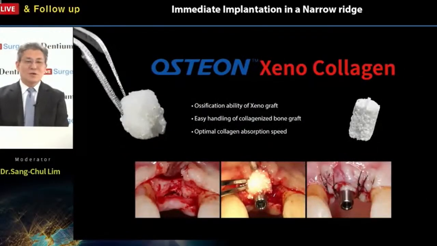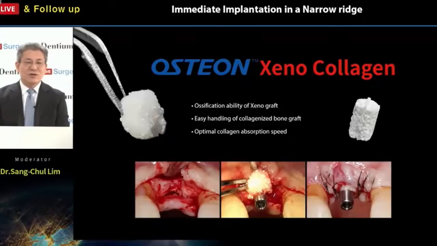About Osteogenocollagen, it is very versatile, and the good news is that it is an easy-to-handle collagenized bone graft material. It means a collagen binder holds the particulated bone graft material, so it is easy to handle, easy to mold, and has better stability.